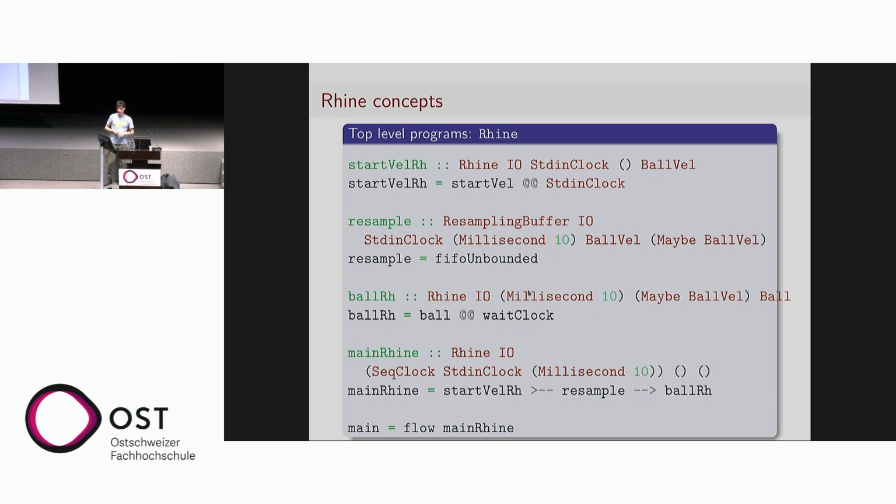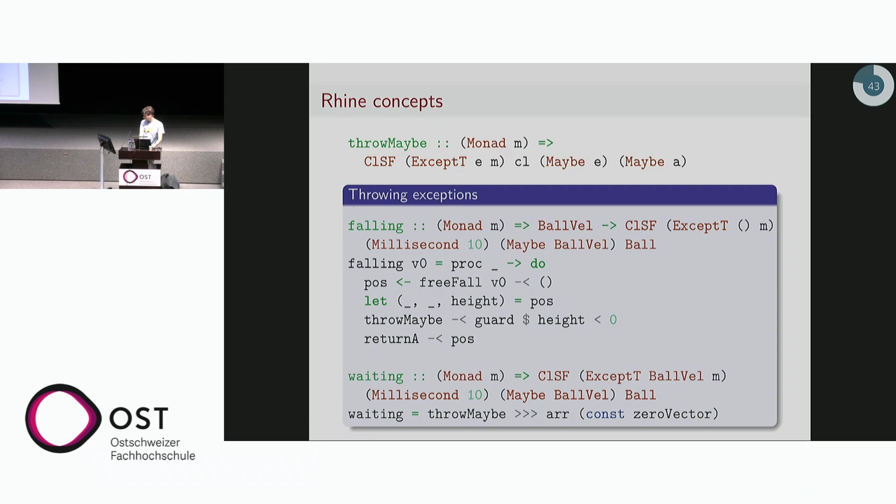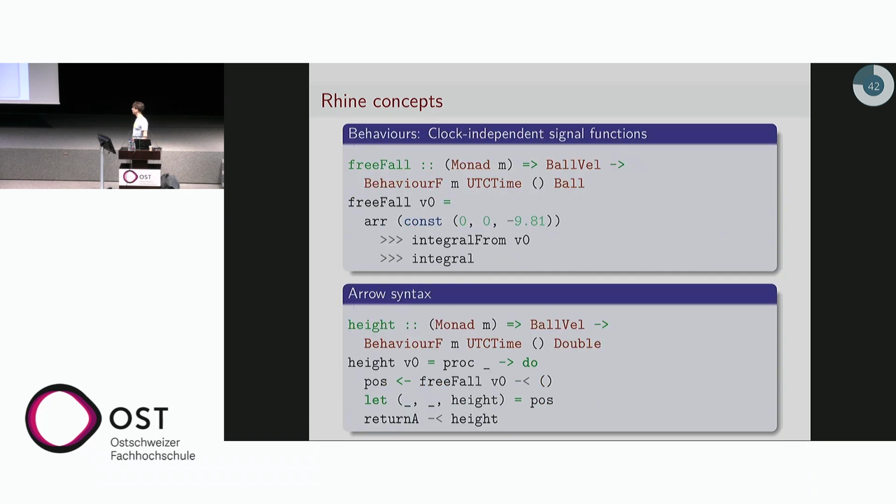The idea in Rhine is that you have all these real-world clocks that will eventually sample things. But since it's parametric in them, you can also have behaviors that don't have a clock, so you can run them on any clock. The way you specify programs in there is supposed to model this ideal world that Conal is talking about.